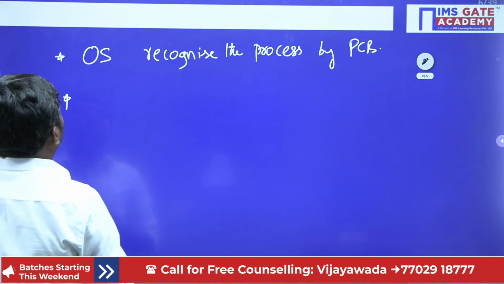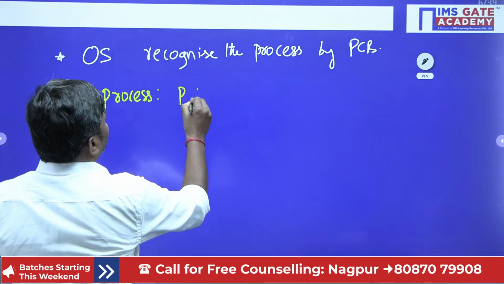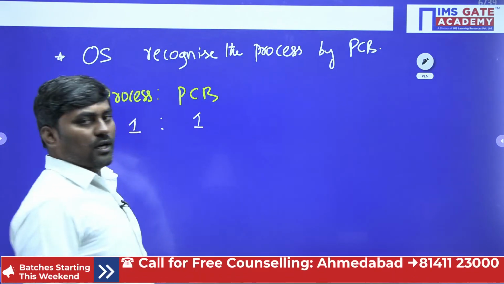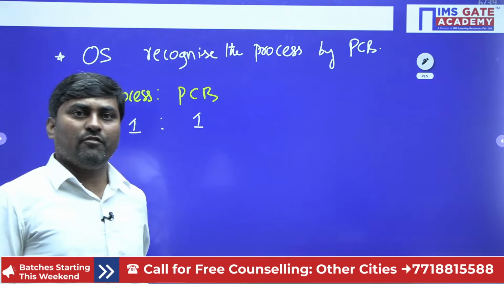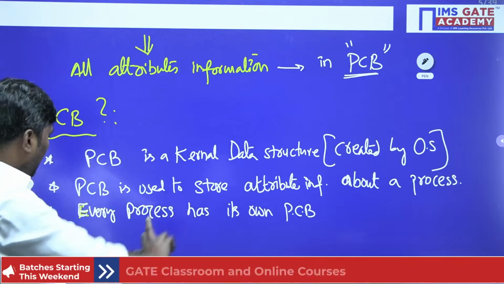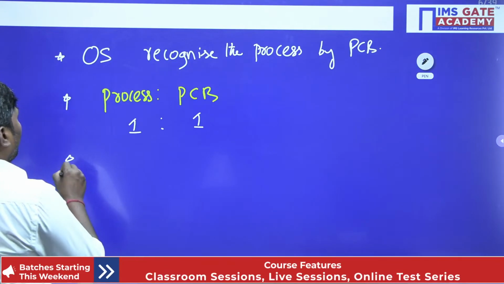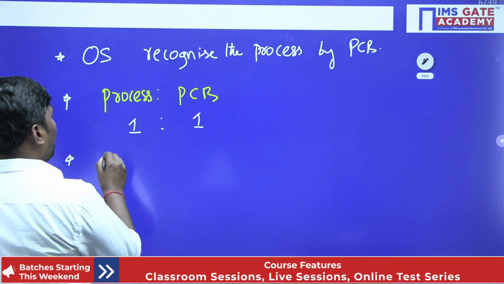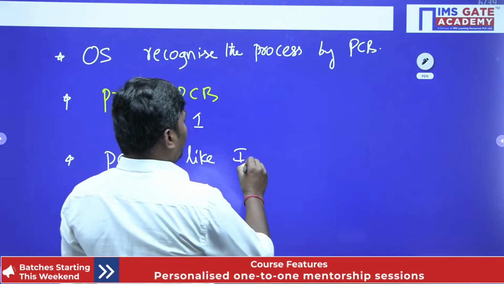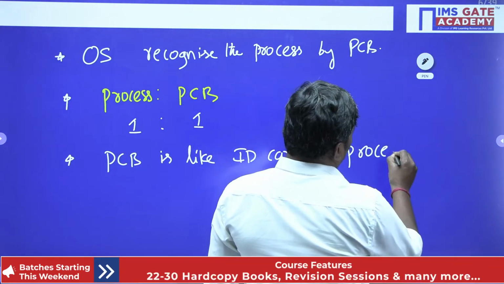So now what I can say, process to PCB is 1:1. I hope this point is clear. Every process has its own PCB. It's not shareable. Any doubts here? So now PCB is like the ID card of a process.